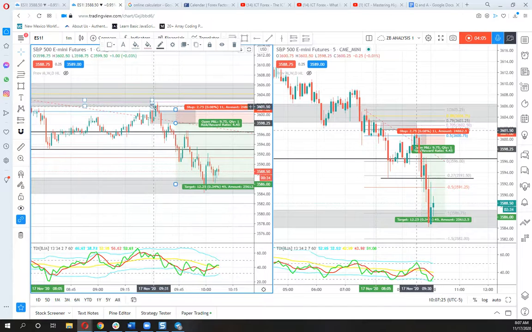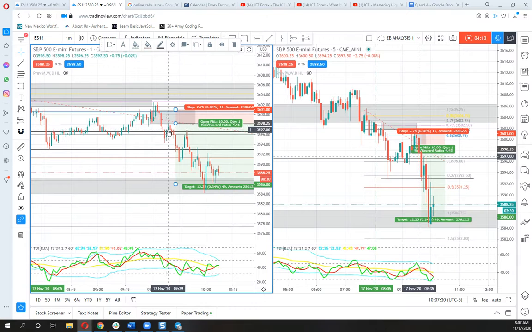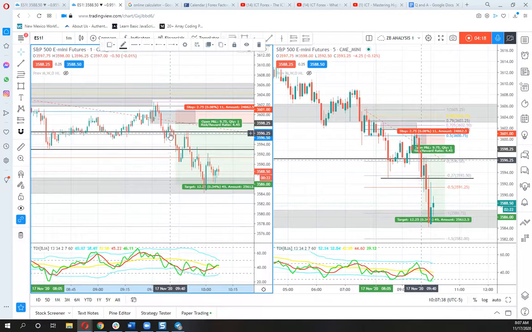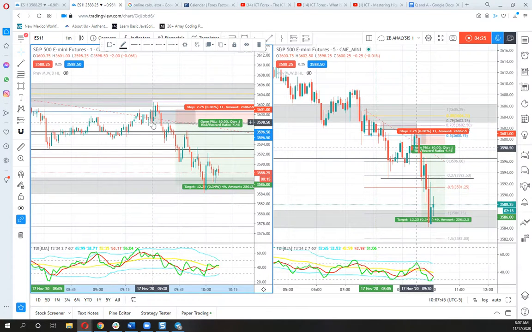If you miss this opportunity, you can go from here, breaker retest, and right there you will see the high risk candle is over here. The high of this candle is 35.9825, and the low of this breaker is 35.9825.